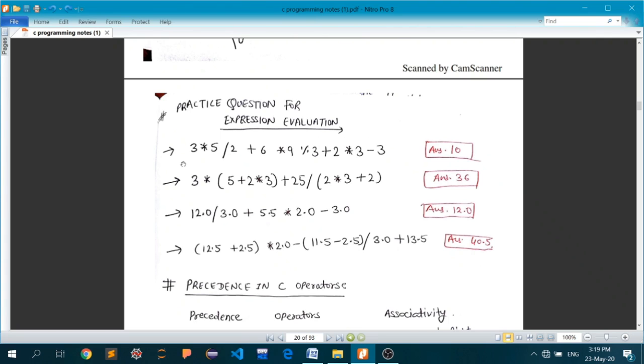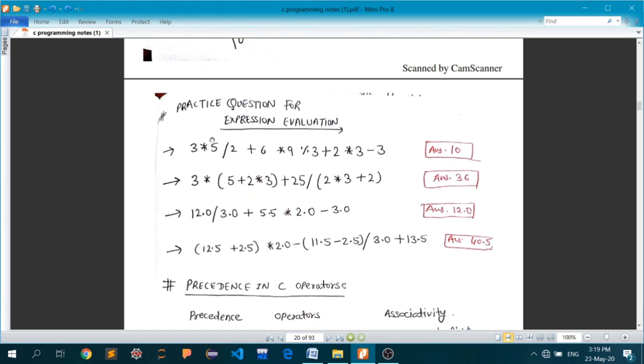As you can see, we have multiplication, integer division, and remainder operators used. All of these are of the same order of precedence, and we have summation and difference. They are of lower order of precedence, so they will be solved next. So first we'll have to solve the multiply, integer division, and remainder operators. Because they are of the same order of precedence, we have to tackle them from left to right.